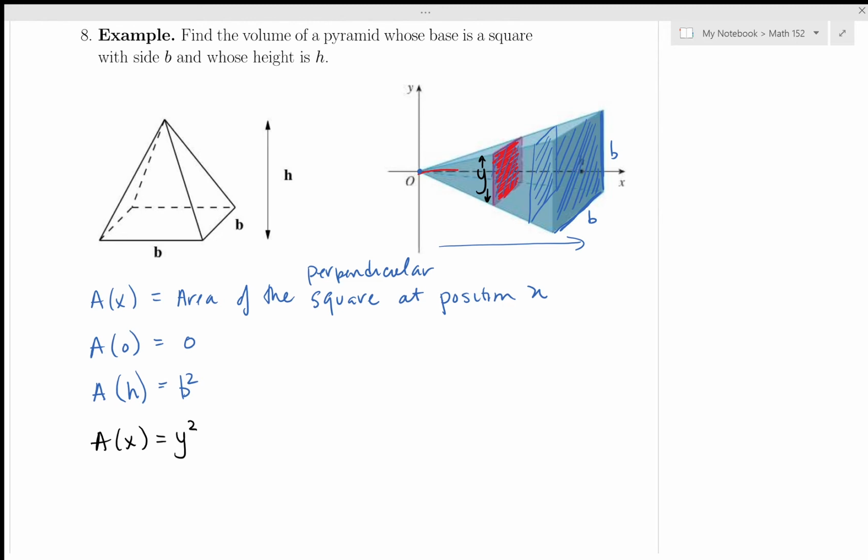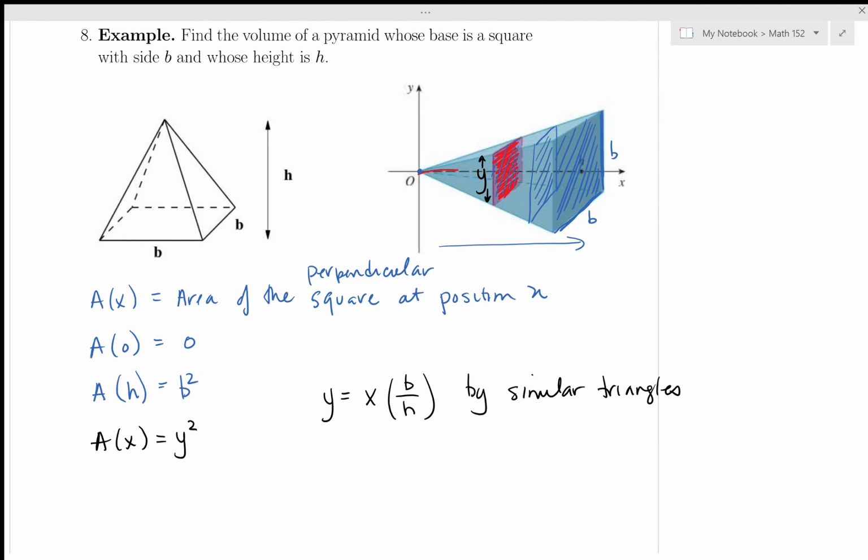So y is in fact x times b over h. And that is by similar triangles. Okay, so you might want to draw yourself and play around a little bit until you can see how that works.